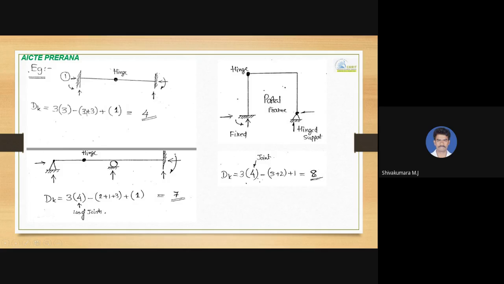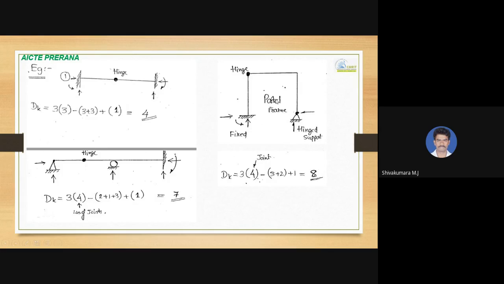So 3j minus r plus the number of internal hinges: 3 into 3 is 9, minus r, which is 6, plus the number of internal hinges, 1. So 9 minus 6 is 3, and 3 plus 1 is 4. The degree of kinematic indeterminacy for this structure is 4, or the degree of freedom.